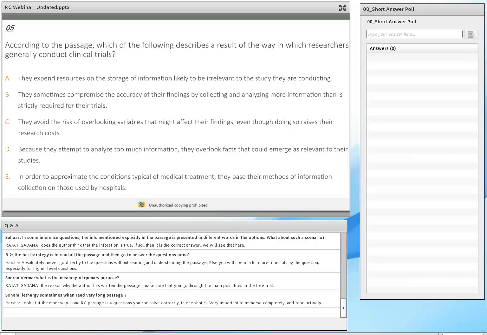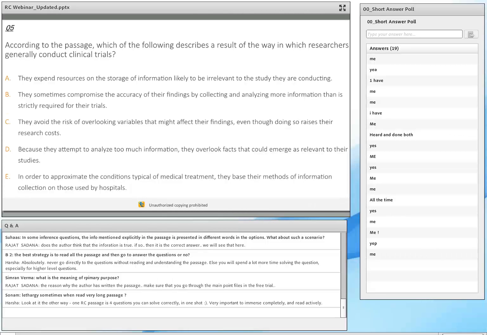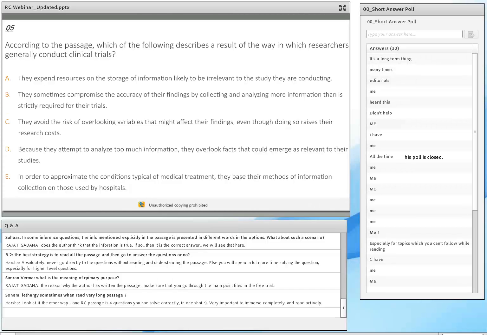Because I got a couple of questions. Say, if you want to do well in GMAT RC, read all the time. Some of you have heard and have done both, and some of you have done it and have not seen that improvement. Now, this is kind of a cup half full kind of a thing. So it's not wrong, but just that plain advice isn't completely right as well. And I'll tell you why.